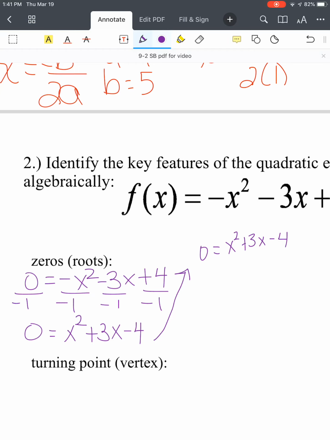And now here comes the factoring again. So I have x squared plus 3x minus 4. What kind of factoring does that look like? Hopefully you said tram. Yeah, it is a tram. I need to find 2 numbers that multiply to negative 4 and add to 3.